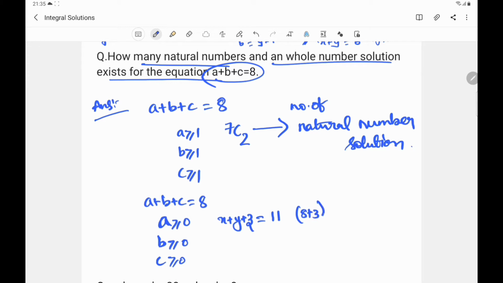And we know that x, y, z are each greater than or equal to 1. So we will have 11 balls, 10 gaps, out of which I need to select 2 gaps. This will give me the number of whole number solutions to the equation.